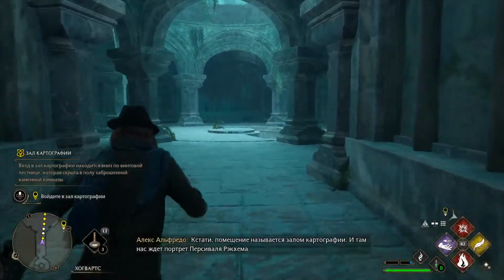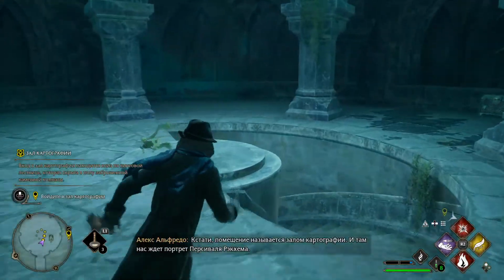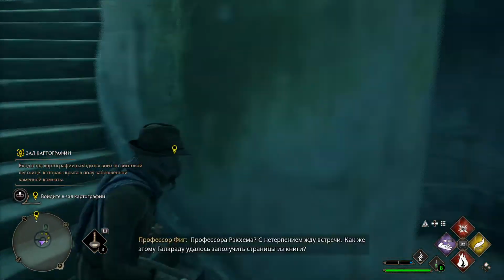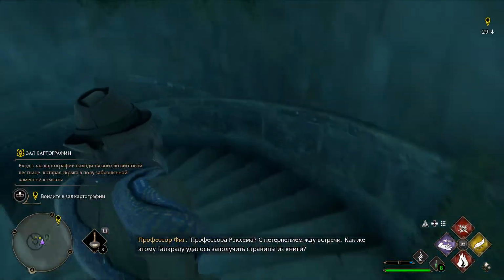The room is called the Map Chamber, by the way. And the portrait of Percival Rackham awaits us there. Professor Rackham. I look forward to meeting him.